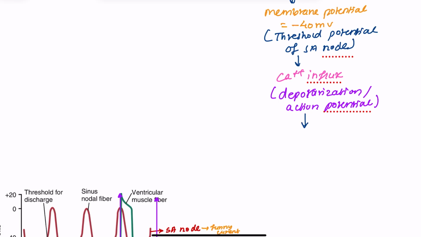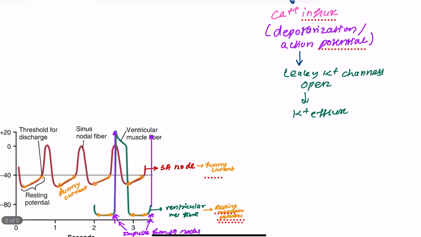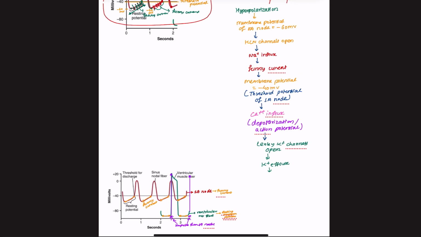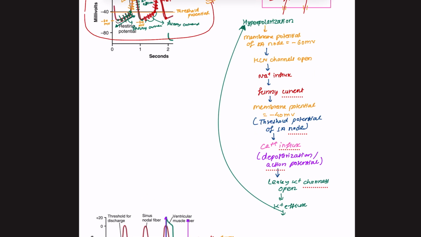After that, the calcium channels close and the leaky potassium channels open, which will lead to potassium efflux, and this leads to hyperpolarization once again, and the cycle goes on repeating.